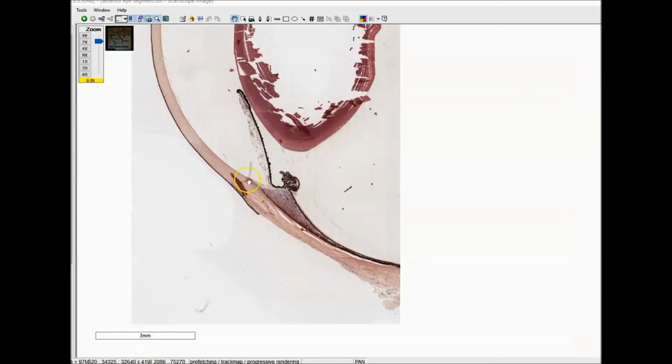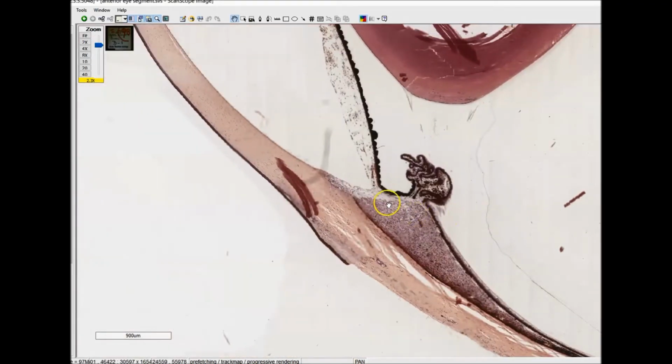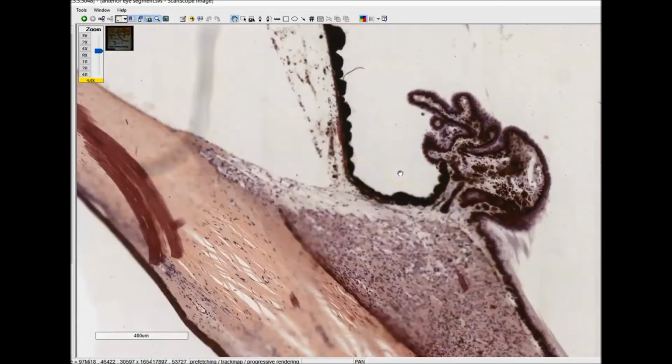So let's move on to the point where the cornea here meets the sclera. That's called the limbus, this area here. And at the inner surface where the iris base comes down and meets the sclera and the ciliary body, there's a very special region called the angle, the corneal iridial angle.